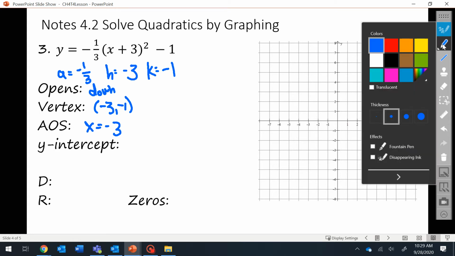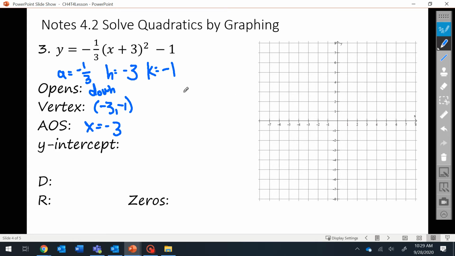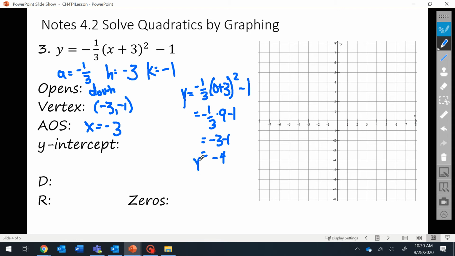However, for the y-intercept, I'm going to have to substitute in 0 for x. So -1/3 times 0 plus 3 squared minus 1. So that's 3 squared, so times 9 minus 1. -1/3 of 9 is -3. So y equals -4. So the y-intercept is 0, -4.